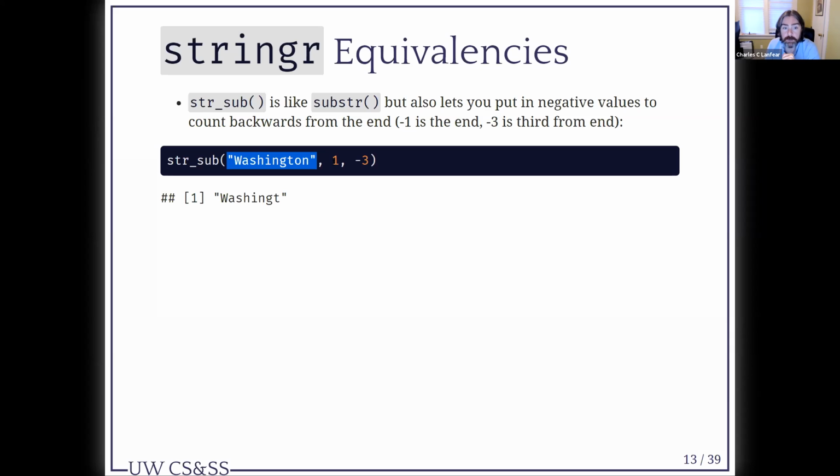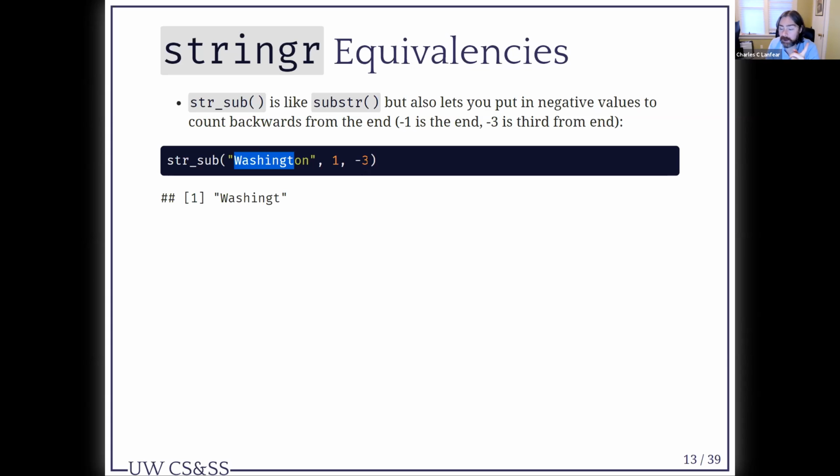So I'm going to take the first character all the way to the third from the last character, which is t. So this says let's begin at 1, which is this one, but we're going to end at -3. This is -1, -2, -3. So it's going to read in 1 through -3.